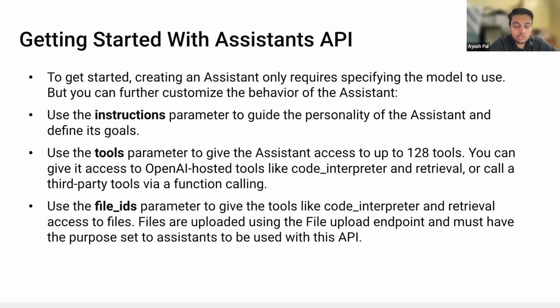Secondly, we have the tools parameter. This is where things really get interesting. You can grant your Assistants API access to a suite of over 128 tools. These tools are going to be released by OpenAI over time, but some of the tools that OpenAI already has, and you can access as well, are these OpenAI-hosted resources such as code interpreter and retrieval, as well as third-party tools via function calling.